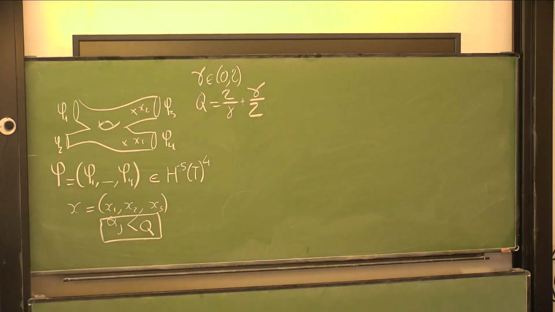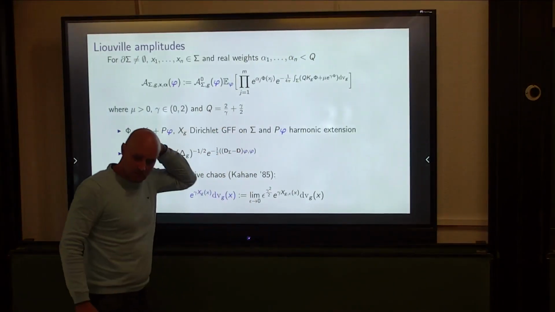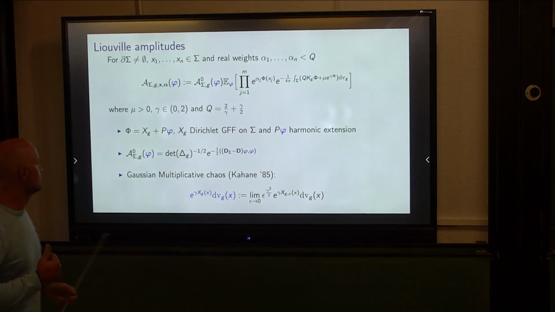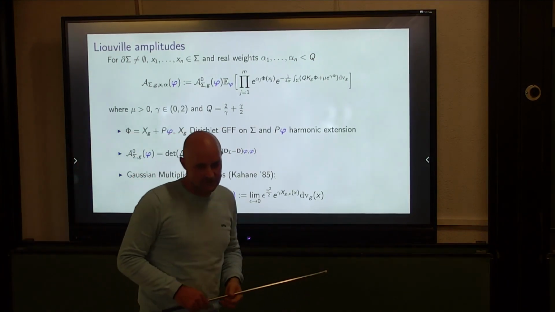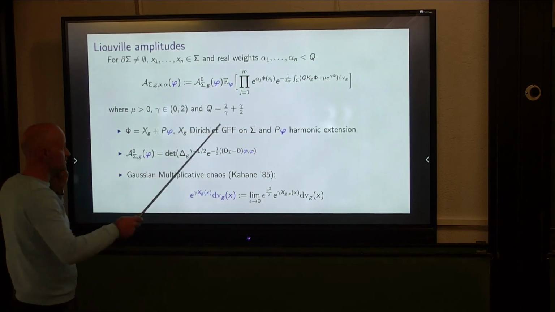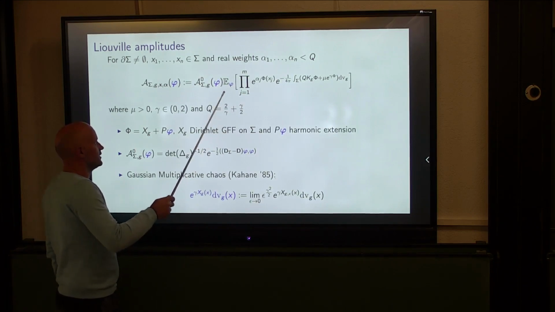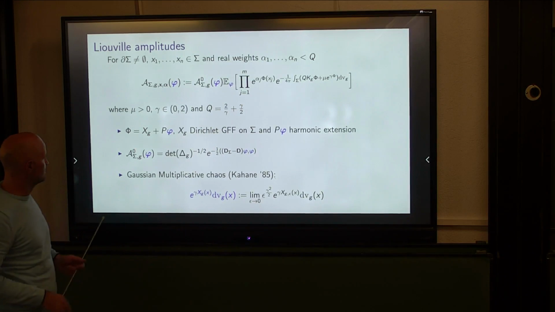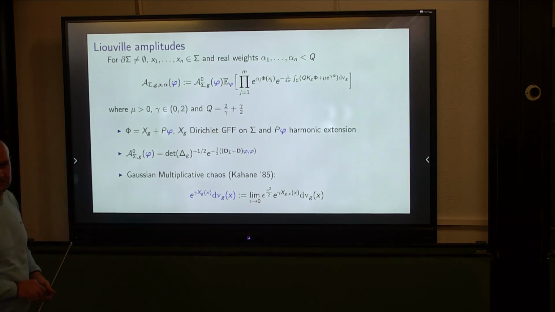It's a collection of 4 boundary conditions in the Sobolev space. And I want to define the path integral conditioned on these boundary values, and you have a way to understand this in terms of the Gaussian free field, which I'm going to explain. The expectation with phi in index means that you just take the expectation over the Dirichlet GFF that I'm going to explain in a minute.